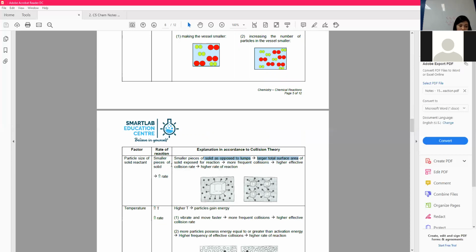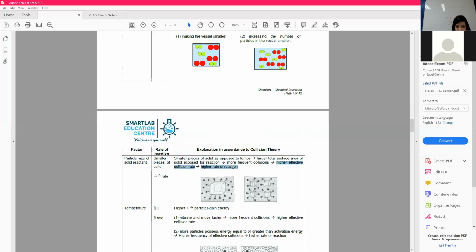If you have something big, when the reaction is happening, it's only the 6 surfaces that it will react on. But if this big one is split into smaller ones, then at one time the particles can hit more surfaces, so the reaction will be faster.